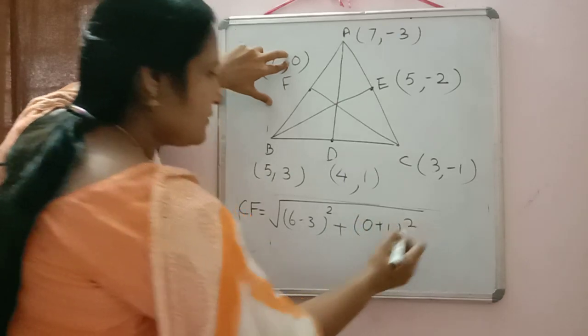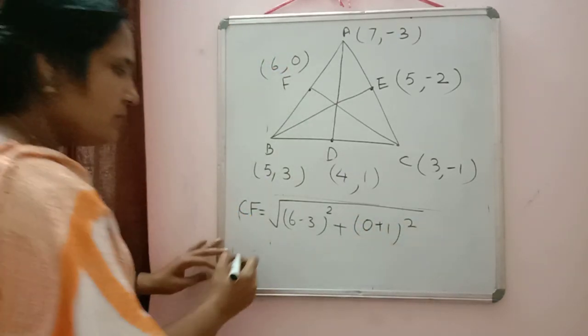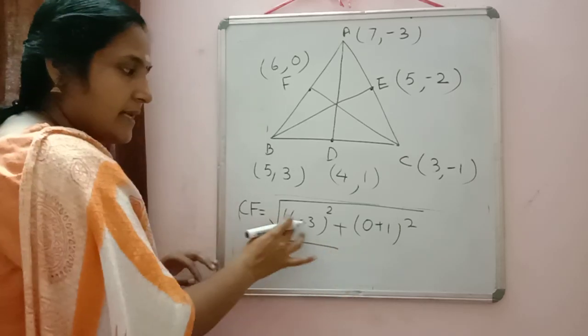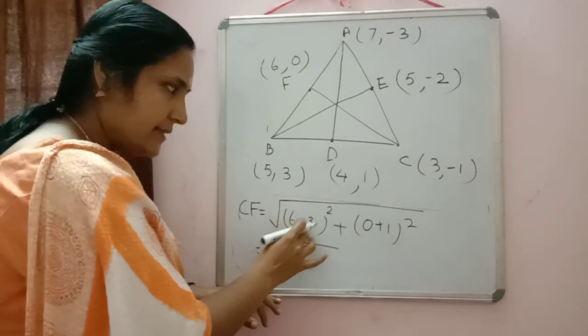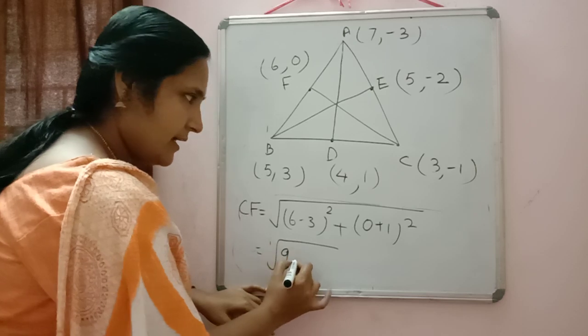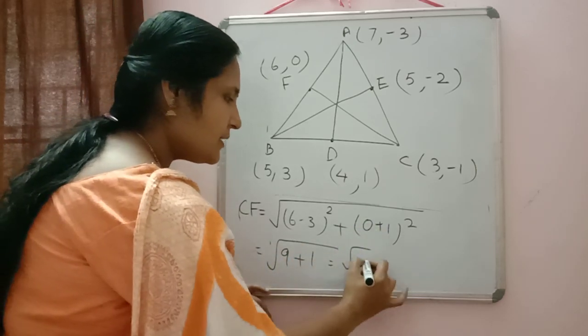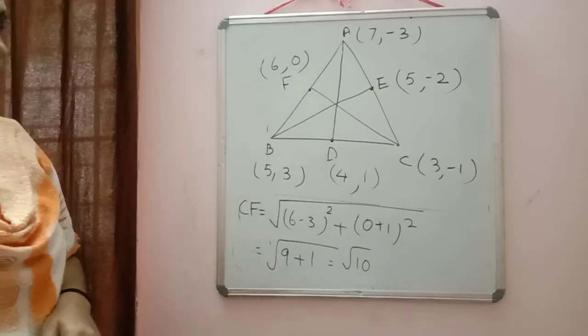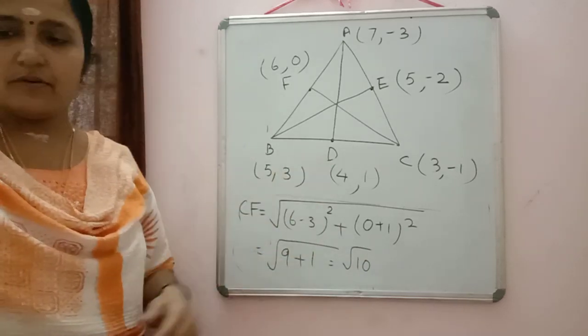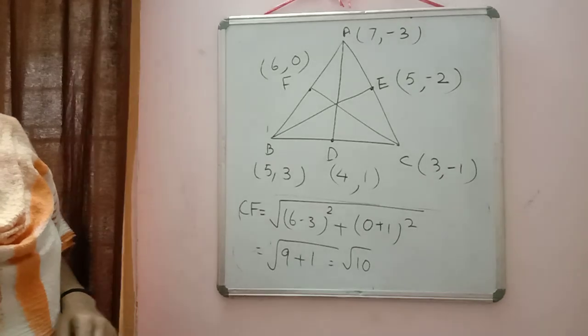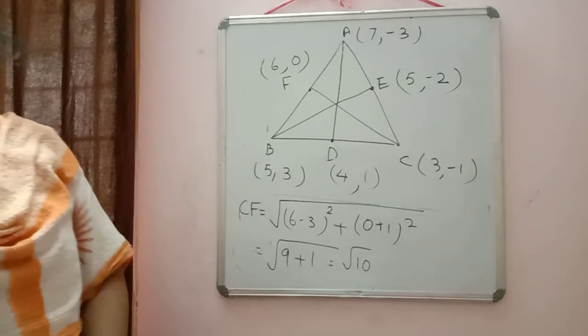So that will be equal to (0 plus 1) the whole square. 6 minus 3, 3, and 3 square is 9, plus 1. So it will be equal to root 10 units. To calculate the length of the median, first we use the concept of midpoint and then we calculated the value.